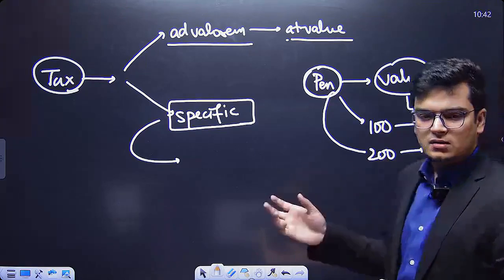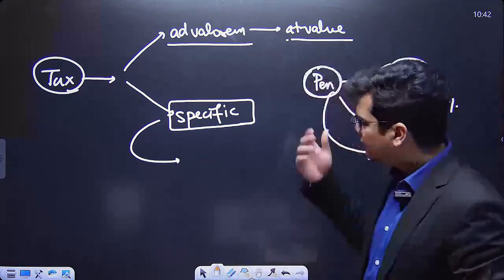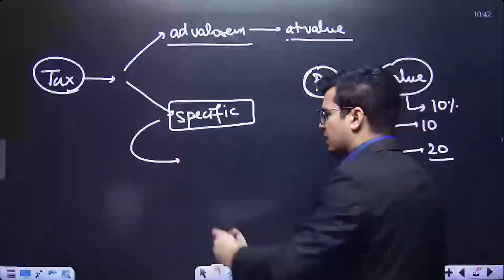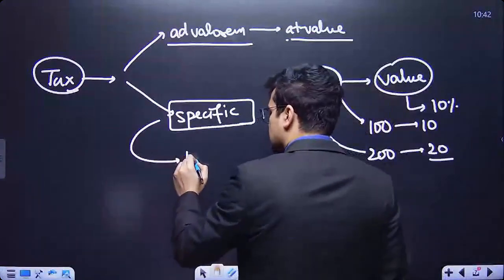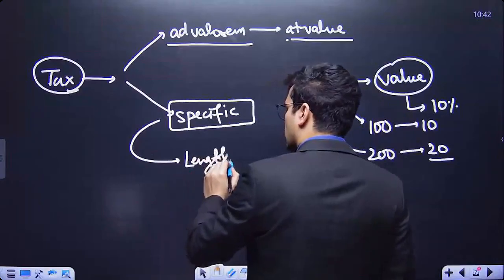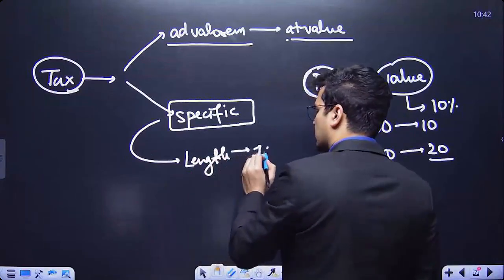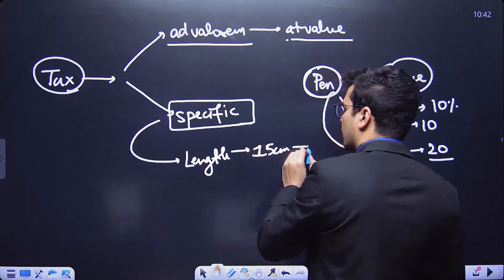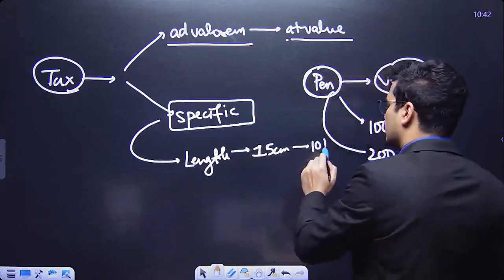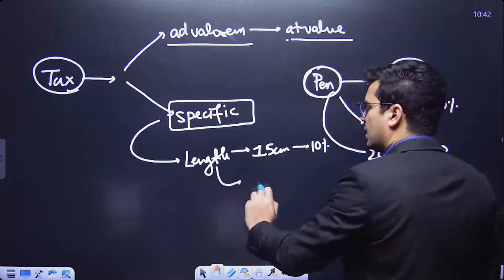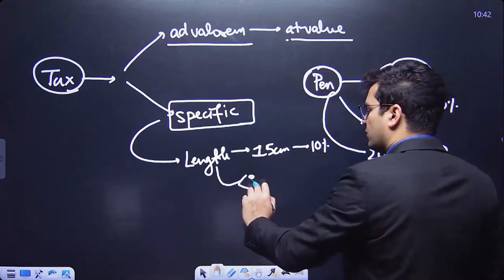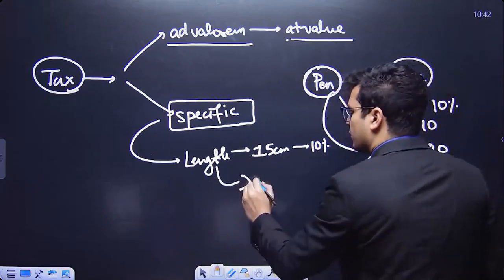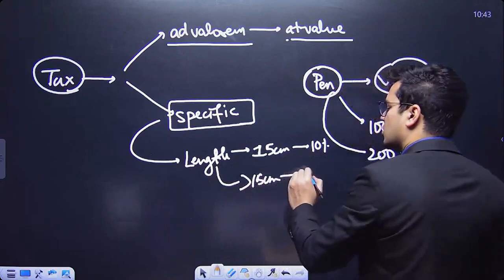Simply tax on value. The other way is that the government says if a pen has a length of 15 centimeters, we will take 10% tax. If the pen has a length of more than 15 centimeters, we will take 20% tax.